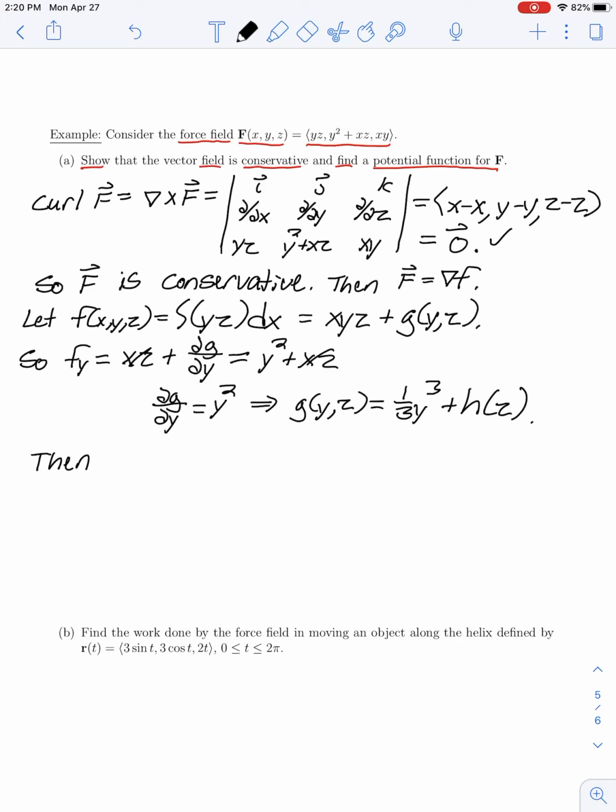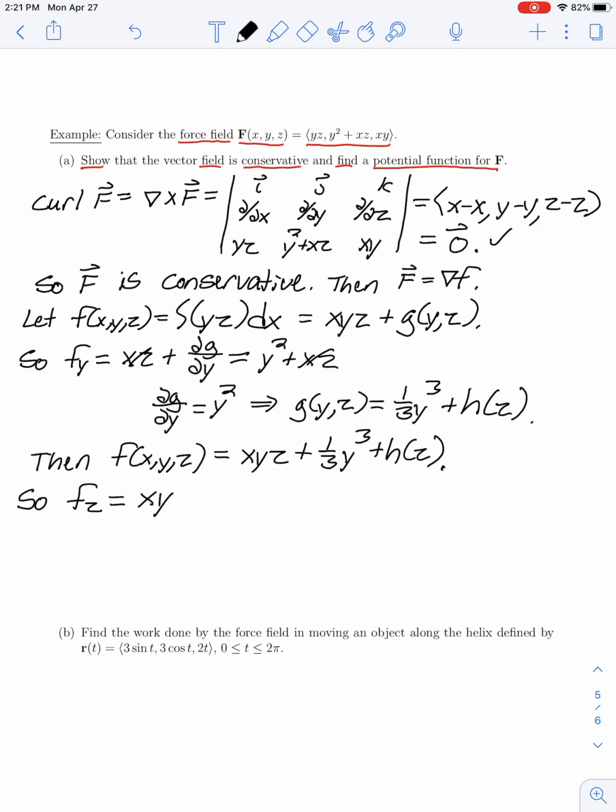So we found thus far that the form of our potential function, f of x, y, z, is given by x, y, z plus 1/3 y cubed plus h of z. And to find this h function, we would look at the partial derivative of f with respect to z.